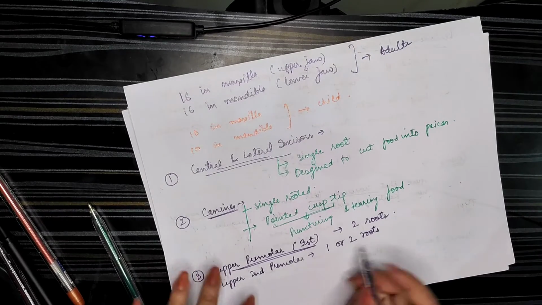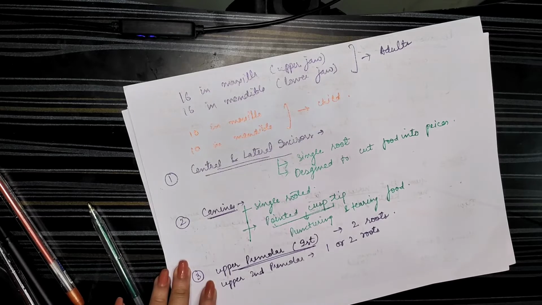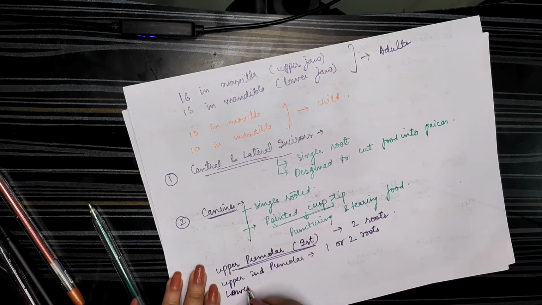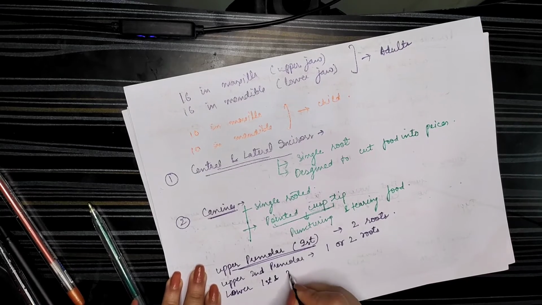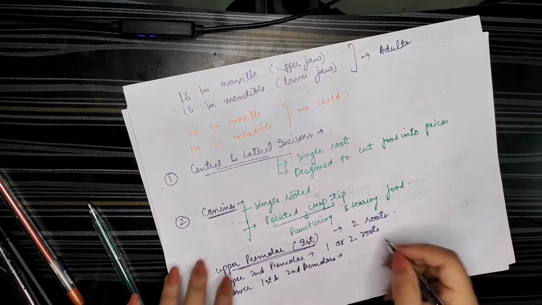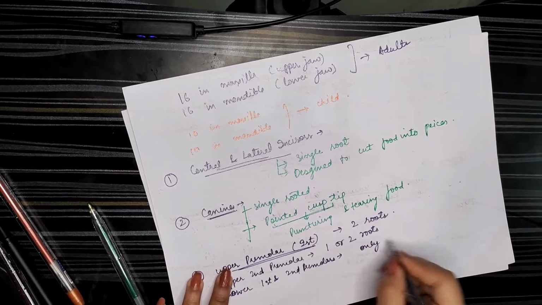And the lower first and second premolars consist of only 1 root.